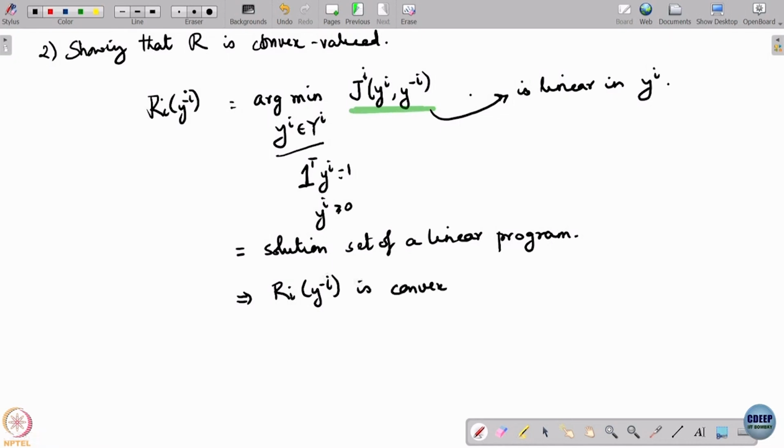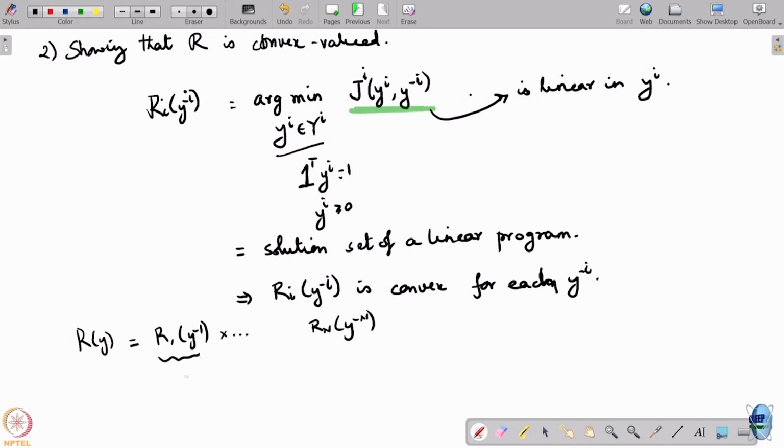It is convex for each value of y minus i. So, you fix y minus i, you get a convex set. So, what does this mean then? R of y was R1 of y minus 1 till Rn of y minus n, and each of these factors in this product is a convex set.